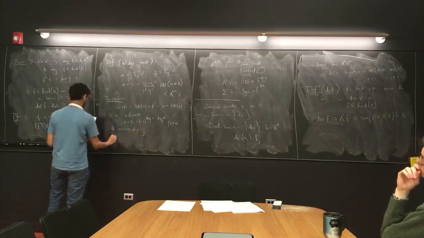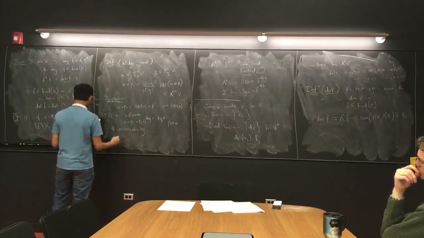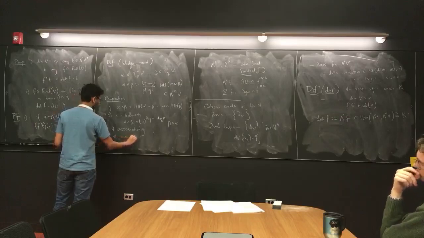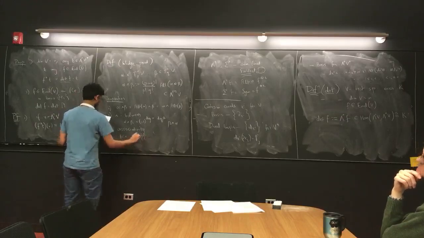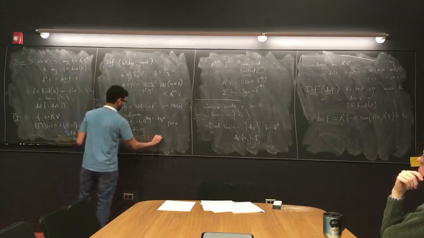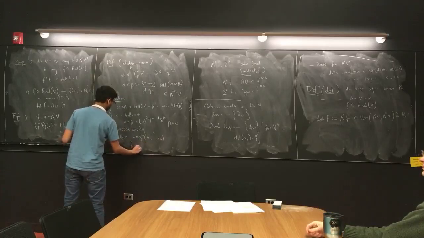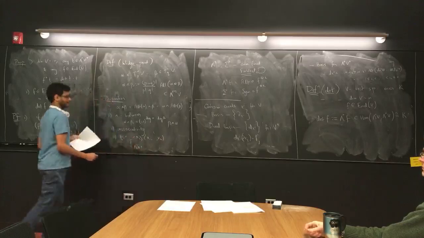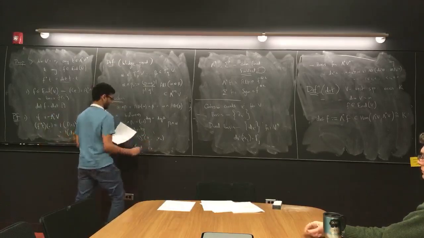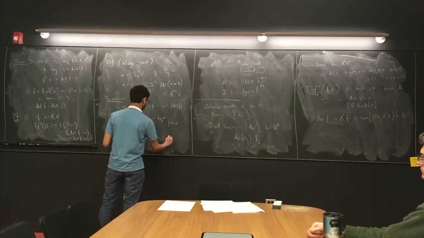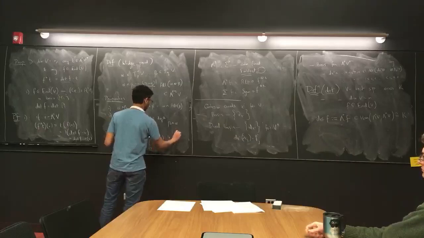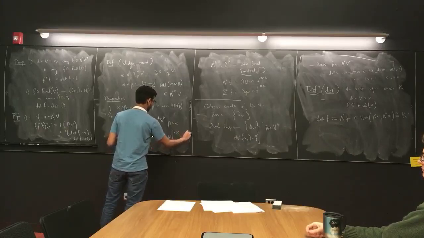Maybe it would have been quicker to write the formula. If you have alpha 1 wedge dot dot dot alpha k acting on a bunch of vectors v1 to vk, where these are all elements of lambda 1 V and these are all elements of V, this is going to be equal to the determinant of the matrix with entries alpha i acting on v j: alpha 1 v1 through alpha 1 vk, down to alpha k v1 through alpha k vk.